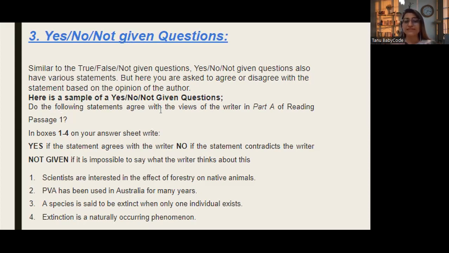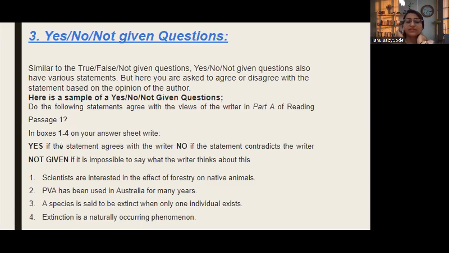Do the following statements agree with the views of the writer in Part A of Reading Passage 1? In boxes 1 to 4, you have to write yes if the statement agrees with the writer. If the statement contradicts the writer, then you have to write no. And if it is impossible to say what the writer thinks about it, then you have to write not given, right?